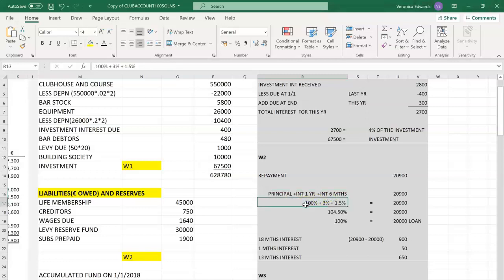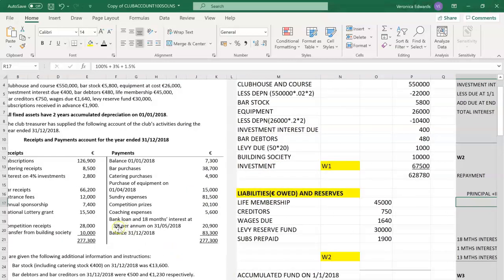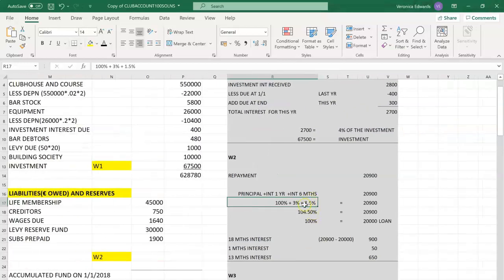So we could say that the 20,900 is the principal, which is 100%, 1 year's interest, which is 3%, you can see that there, 3% per annum, and a half year's interest, which would be 1.5%. So 20,900 is 104.5% if we put that together.